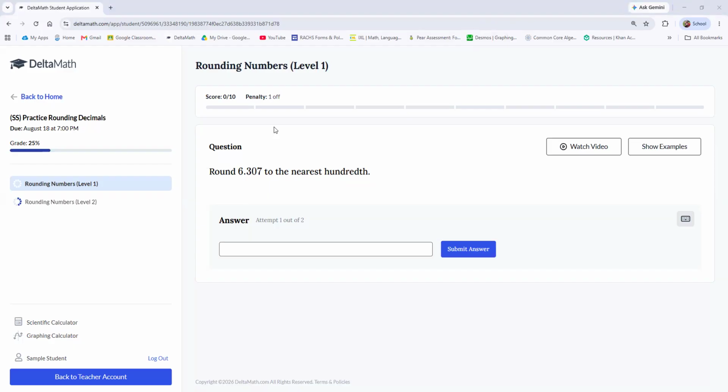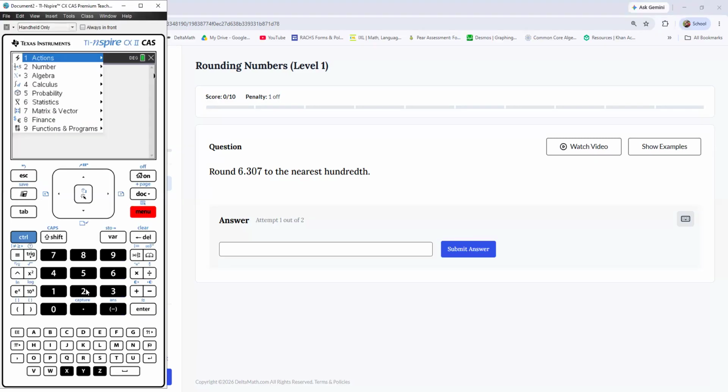All right, so it says here, round 6.307 to the nearest hundredth. First thing you need to know is 100 has 2 zeros, so that means this number, when we're done, should have 2 decimal places. So we're going to take the calculator now, and we're just going to type in menu 281, and that's going to give us the round.